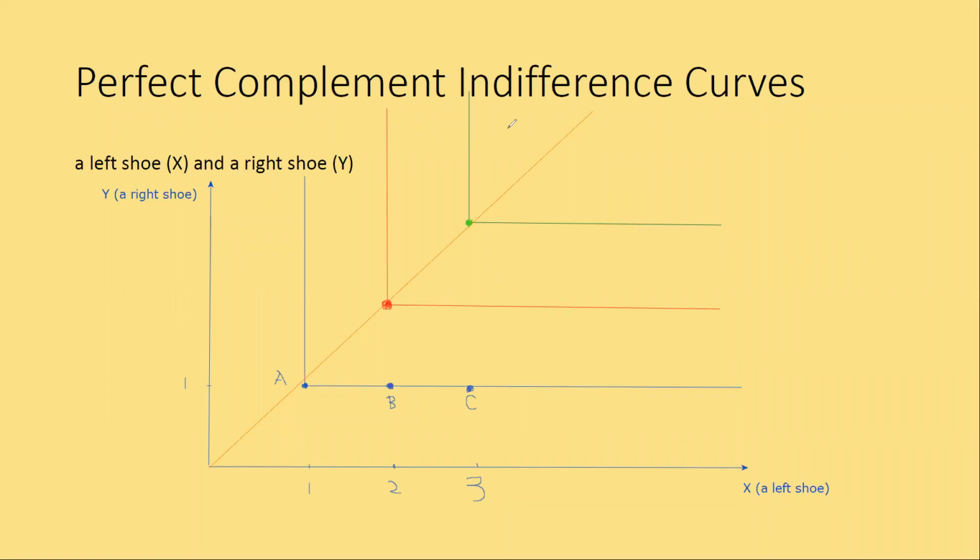So this orange line is not an indifference curve. But it is the line on which the point A, the red point, and the green point must be. And all those L-shaped curves are the indifference curves.